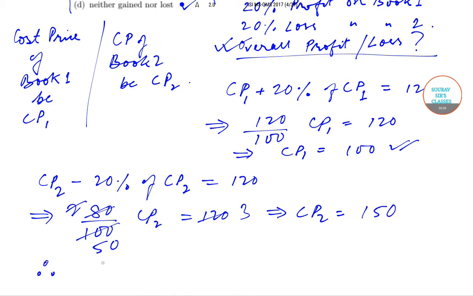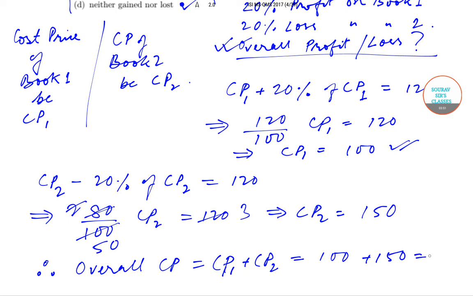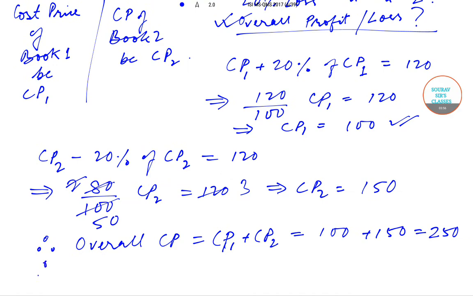So overall cost price was equal to CP1 plus CP2, that was equal to 100 plus 150, that is equal to 250. And overall selling price we know as SP1, selling price of book 1, plus selling price of book 2, that is equal to 120 in both the cases.